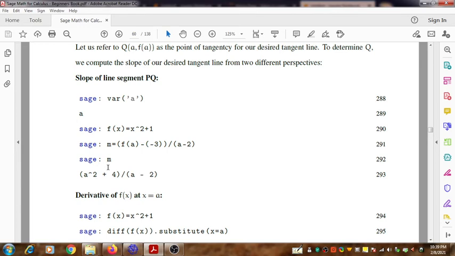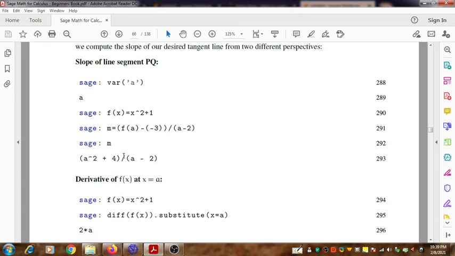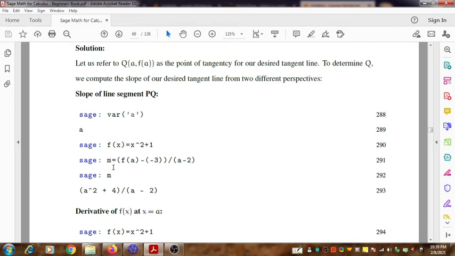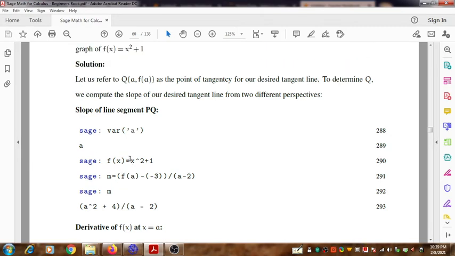See, what's the relevance of that? Because m stands for the slope. What does m mean here? m means the slope of the tangent, the tangential line. m stands for the slope of the tangential line at which point?